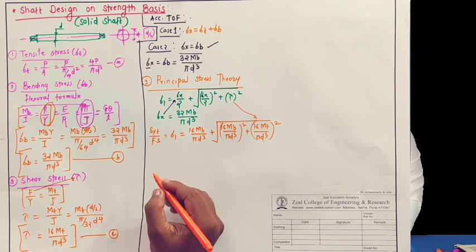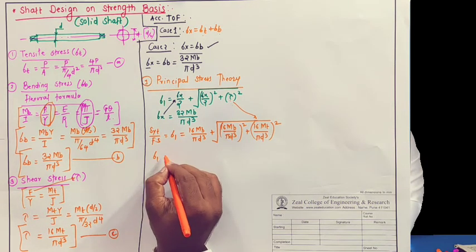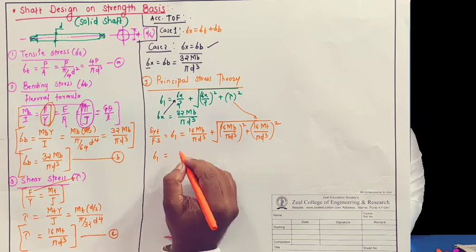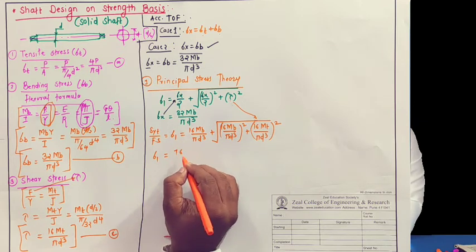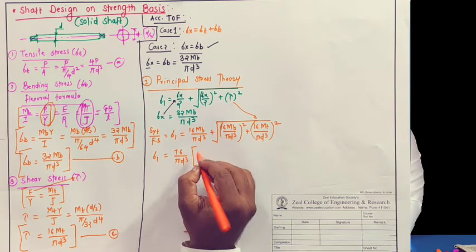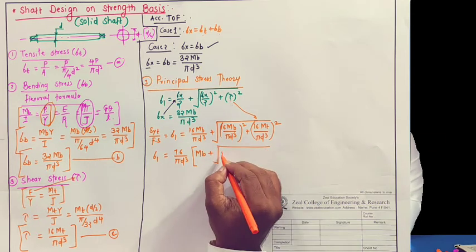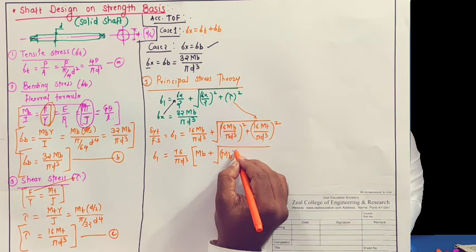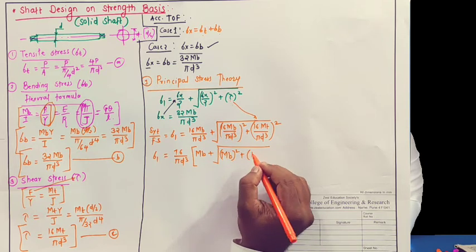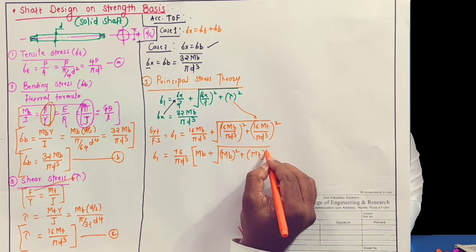Now I'll simplify this. So I'll get sigma 1 is equal to 16 by pi d cube in bracket, taking common, Mb plus square root of Mb square, the bending moment, plus Mt square.